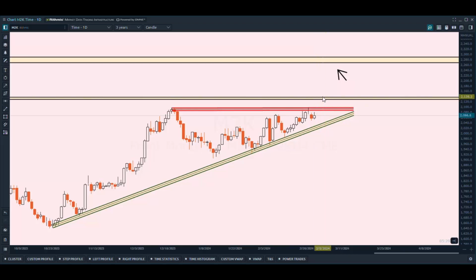Then if we get a daily breakout and close above this horizontal zone, then the next upside target is triggered, which is the next pivot zone that we discussed above.